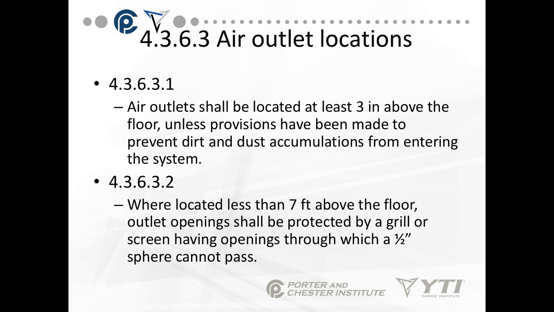Where located less than 7 feet above the floor, outlet openings should be protected by a grill or screen having openings through which a half-inch sphere cannot pass. In other words, if it's within the distance of a person being able to reach it, you have to have it covered by a grill.